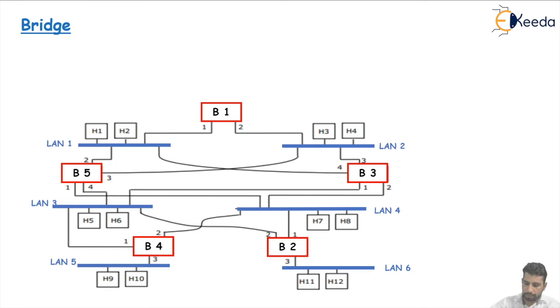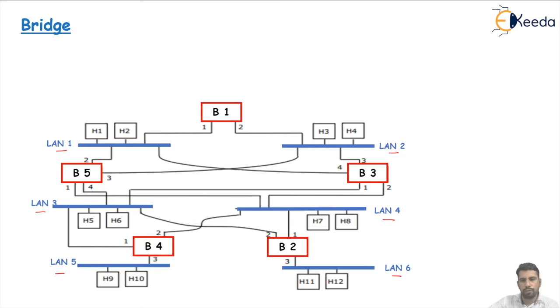Let's see this example. Here in this example we have 6 LANs: LAN number 1, LAN number 2, LAN number 3, LAN number 4, LAN number 5, and LAN number 6, and corresponding hosts in these LANs. In LAN 1 we have hosts 1 and 2, in LAN 2 hosts 3 and 4, in LAN 3 hosts 5 and 6, in LAN 4 hosts 7 and 8, in LAN 5 hosts 9 and 10, and in LAN 6 hosts 11 and 12.